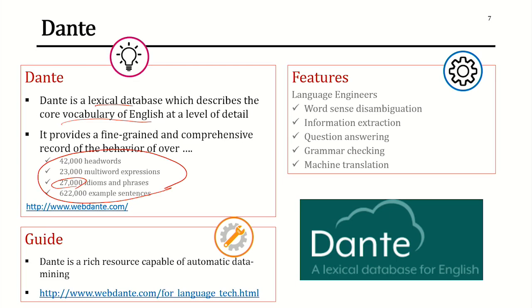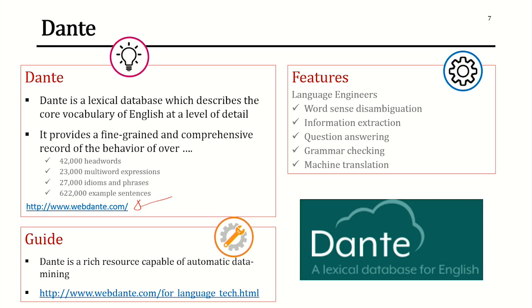To explain words expressed in a sentence or text, there are around 622,000 example sentences that we can access. We can access this resource using its official document here, webdance.com.